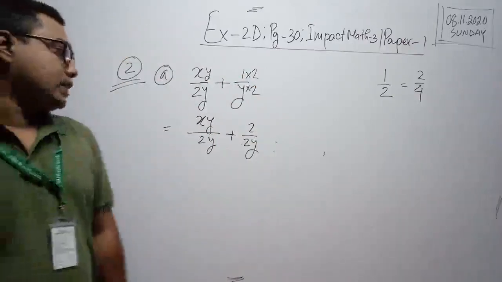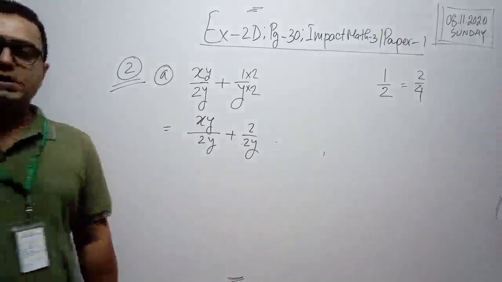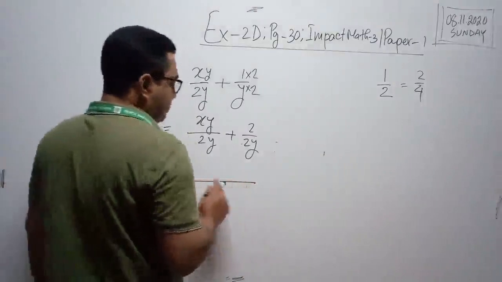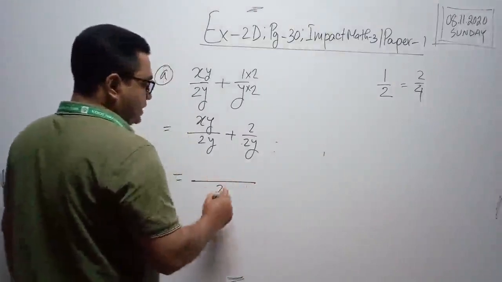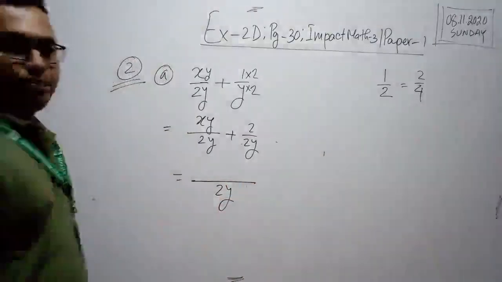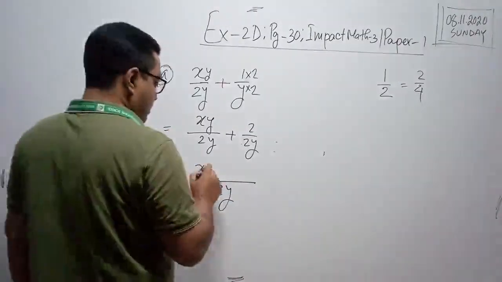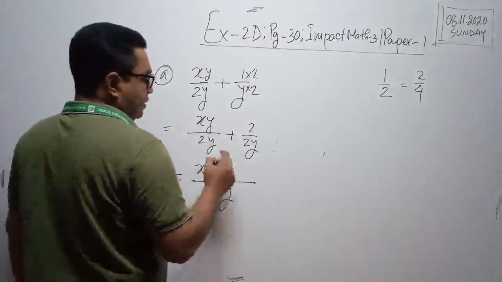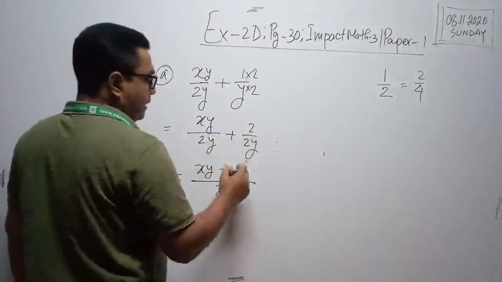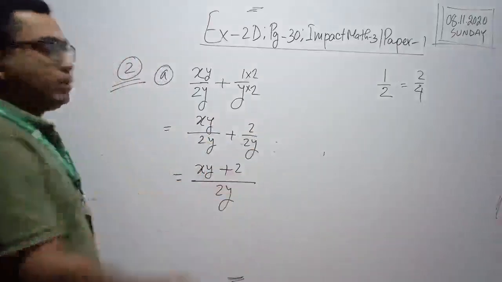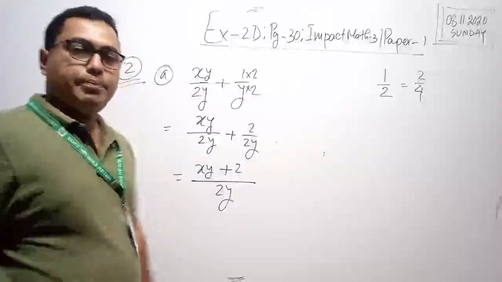Now the denominators are the same. Take LCM. LCM will be the same. 2y goes to 2y one time. Numerator xy multiplied by 1, xy, 2 multiplied by again 1, because 2y goes to 2y one time.